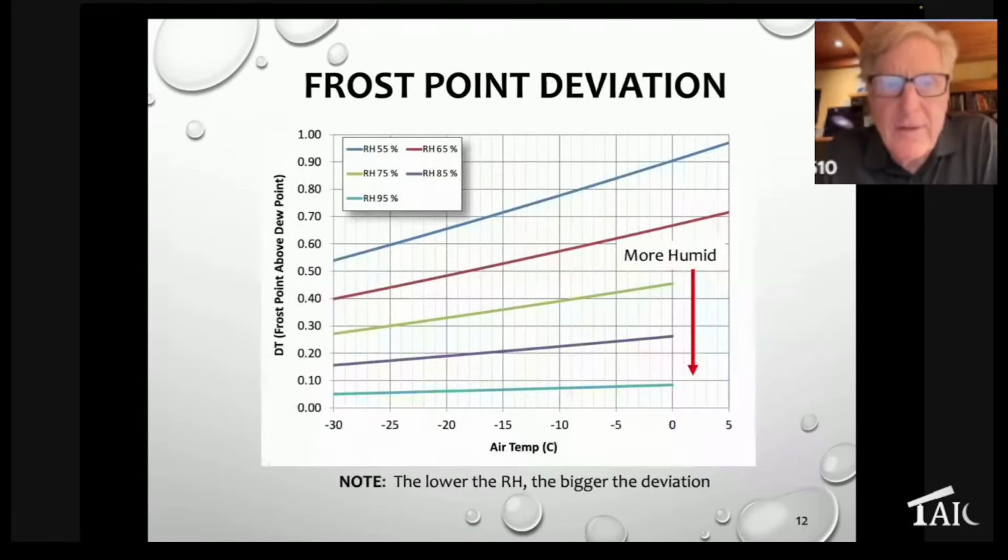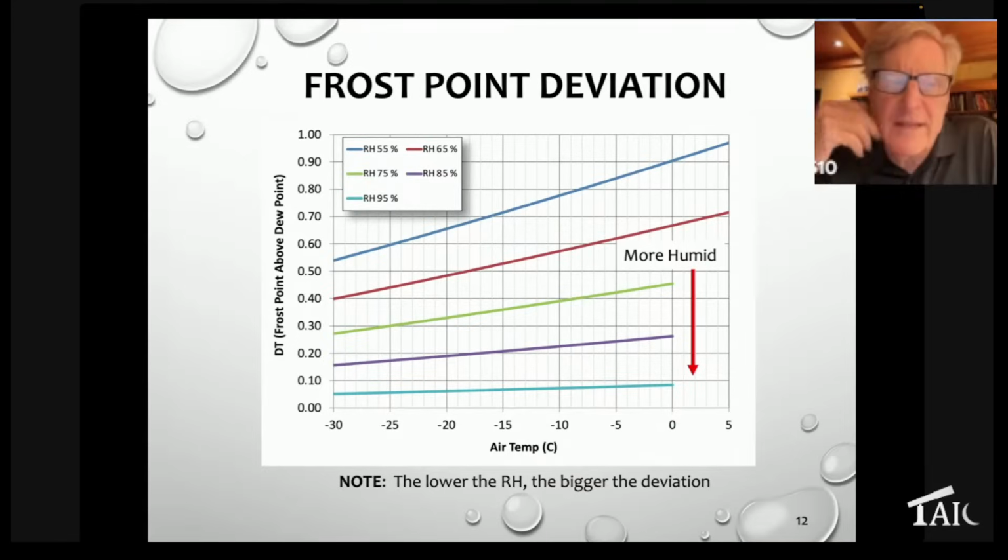Now, it turns out, if you look at the frost point deviation, and that's the separation between the dew point and the frost point, it turns out the drier it is, the larger that deviation is. Now here I only plotted it up to about 55%. So it's less than a degree. So you can see if it's pretty close to freezing, you're going to get frost.